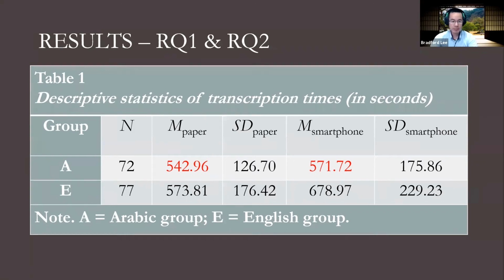The English group, similarly, were faster by paper, 573.4 seconds versus 679 seconds. So both groups were faster transcribing by hand than by smartphone.